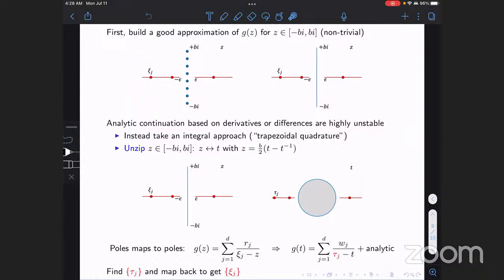The advantage is that if we want to find the poles in the z-plane, which are these c_j's, we can work in the t-plane by first finding the tau_j's, and then apply the inverse of this conformal map to figure out the c_j's.